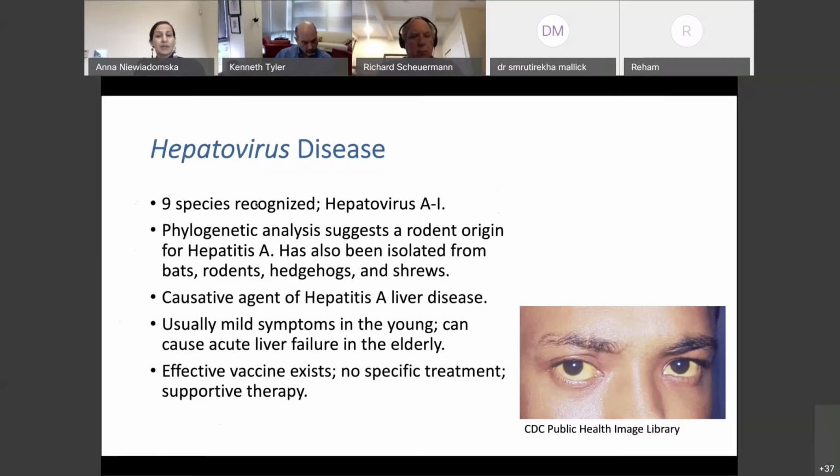But this is definitely one that can cause disease in humans as well. Although symptoms are typically mild, it can cause acute liver failure in older people as well. However, there is an effective vaccine for it, although no treatment exists.